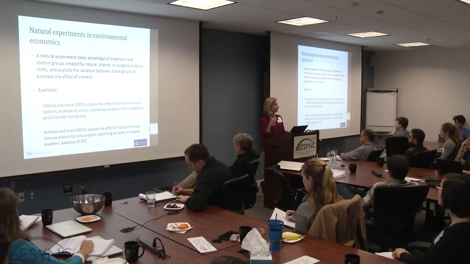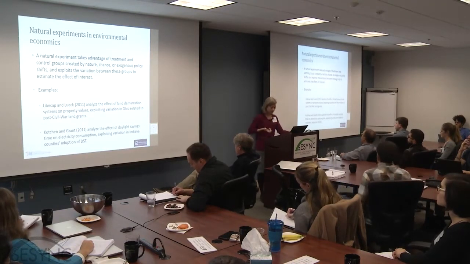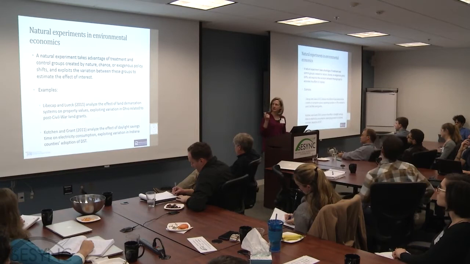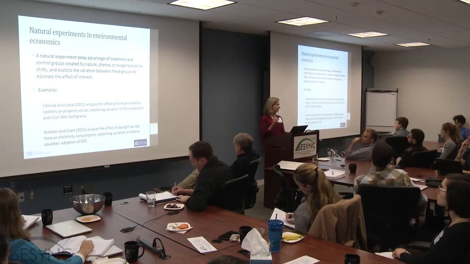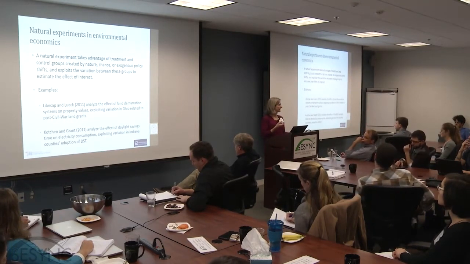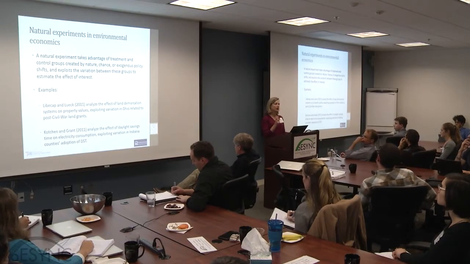The classic example of this in the economics literature is a natural experiment exploited by David Card and Alan Krueger, looking at the impact of the minimum wage on employment. There was a minimum wage increase that happened in New Jersey, but not neighboring Pennsylvania. I hope I'm not reversing those two states, but it happened in one state and not the other.